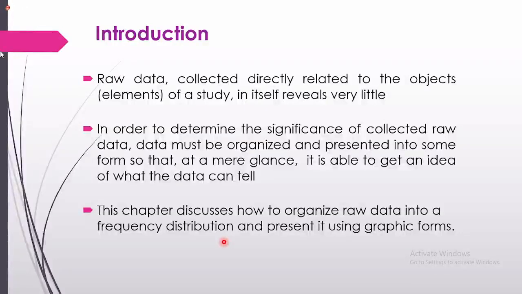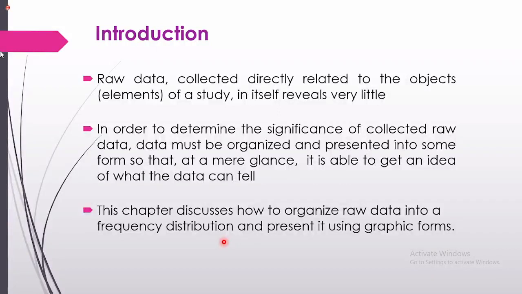Even sometimes it will be able to find out which observations occur most. But when we are having very massive data, even the identification of the minimum number or the maximum number or which has the most occurrence is very difficult. Right? So it reveals only a very little information.